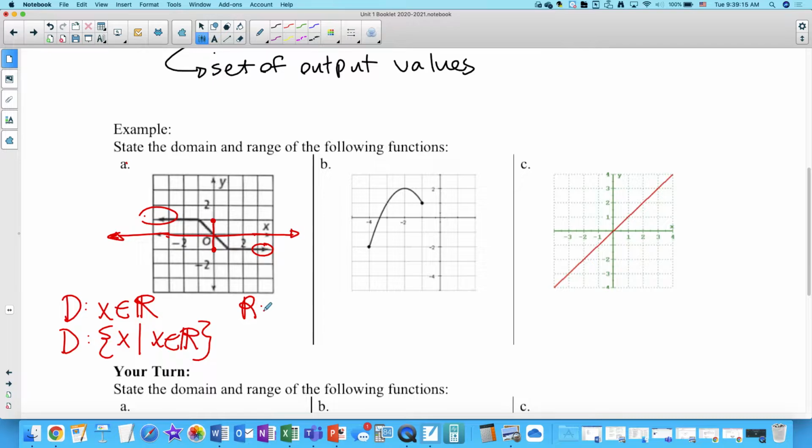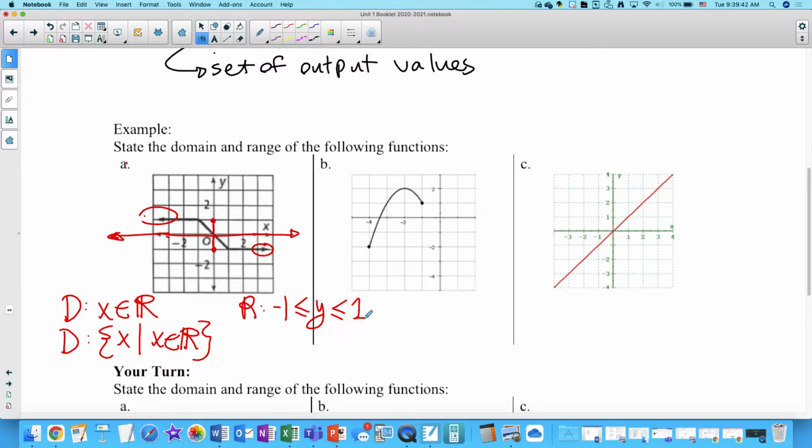When your range or your domain is sandwiched in between two numbers, we can use something called a double inequality to express that. The lowest value is -1, that's less than or equal to y, which is less than or equal to 1. Hopefully that sparks a memory from previous math courses.